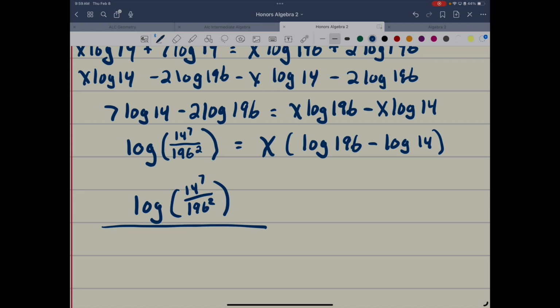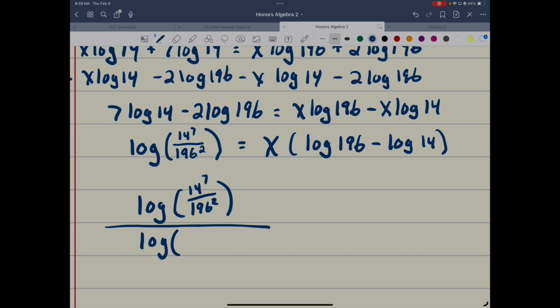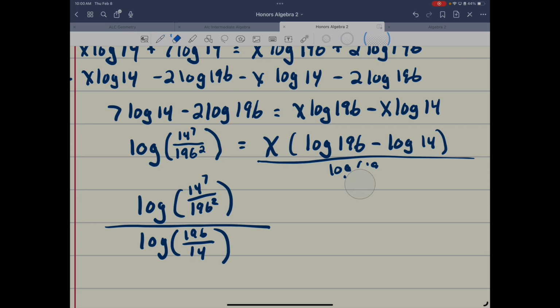We're leaving the x over there, my fault. So it's going to be log of 196 over 14. Remember, we're dividing by its reciprocal. We're dividing both sides by the log of 196 minus log of 14. That's equal to our x.